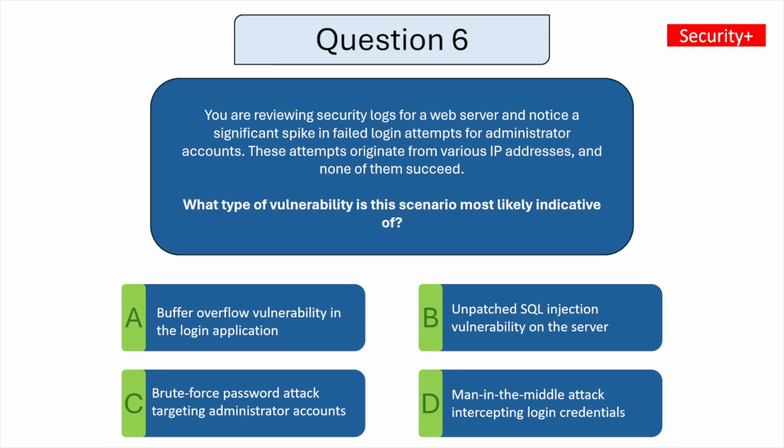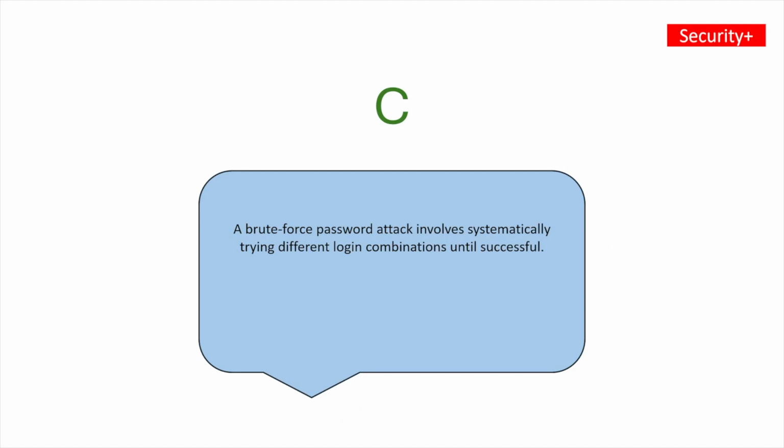A large spike in failed login attempts, especially where none of them are succeeding, suggests a brute force type attack. So I'm going with C for this one. A brute force password attack involves systematically trying different login combinations until successful.